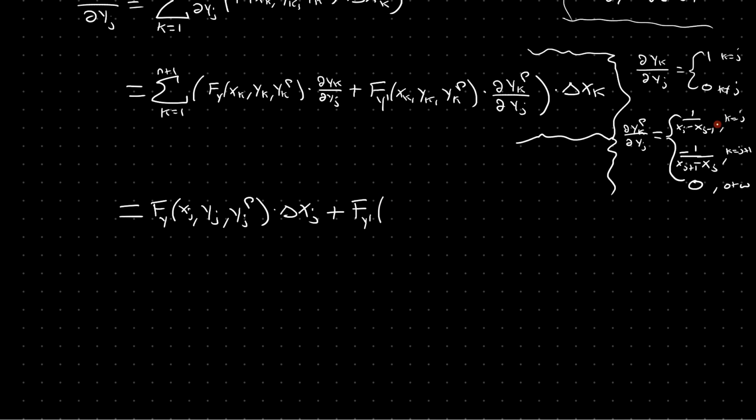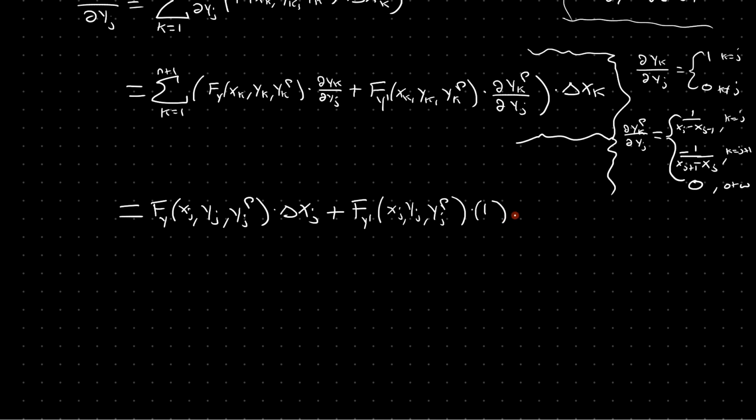When k equals j, you have xj, yj, yjp. This is going to be 1 over xj minus 1, which is in reality xj minus 1 is delta xj, but we're multiplying by delta xj. So this will just be equal to 1 here. The coefficients cancel out. The delta xj cancels with this delta xj.